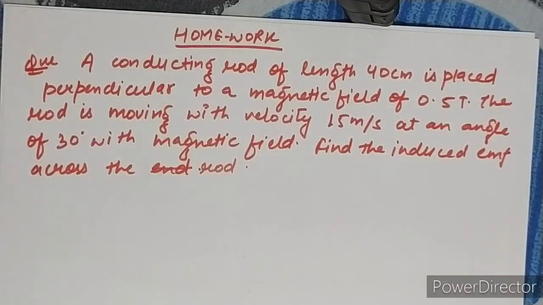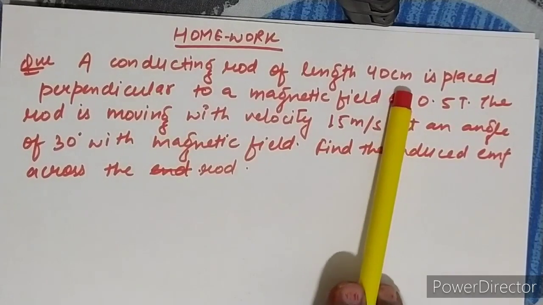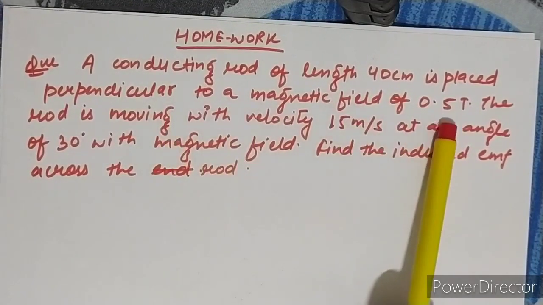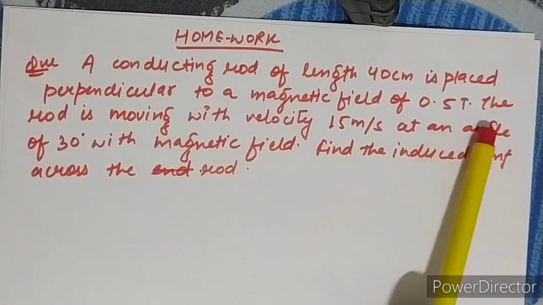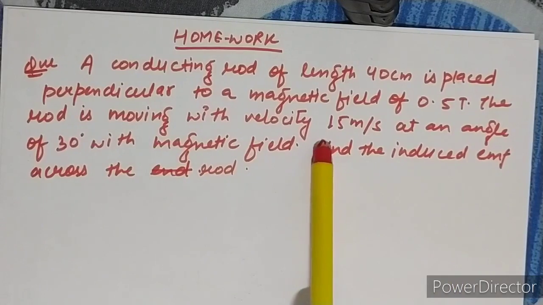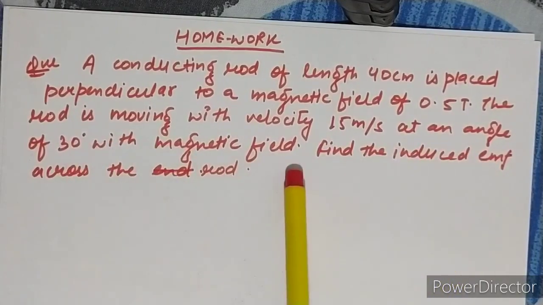Okay, so this is your question. In the question, the length of the conducting rod is 40 centimeter. It is placed perpendicular to the magnetic field, whose value is also given. The rod is moving with the velocity of 15 meter per second, making an angle of 30 degree with the magnetic field.